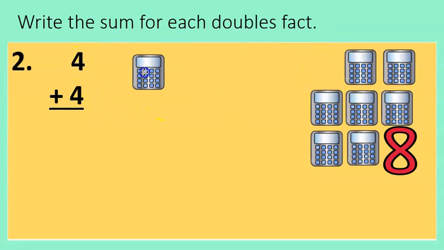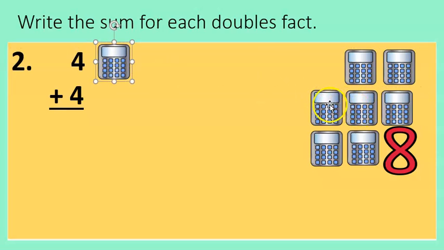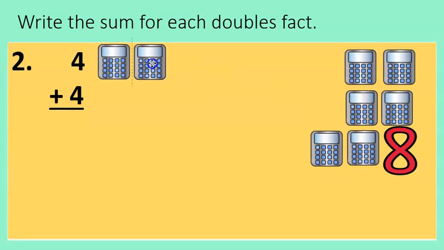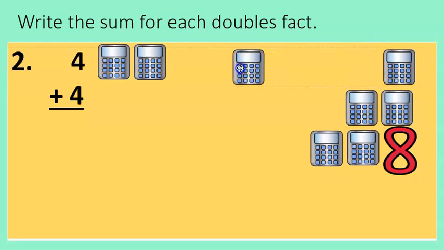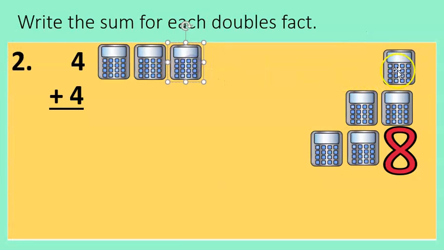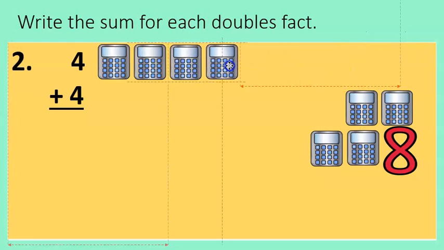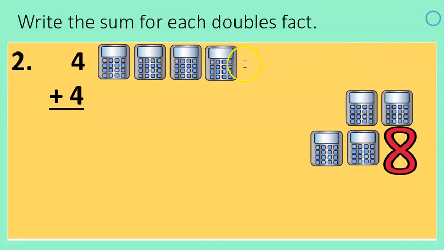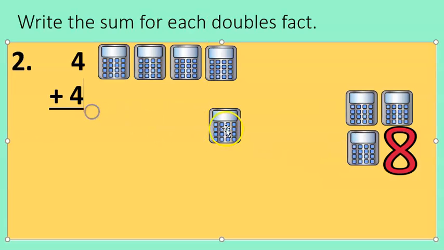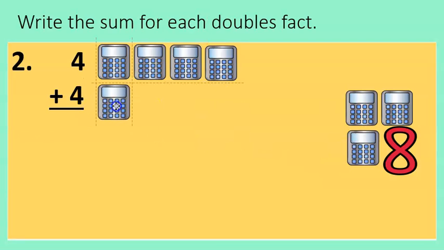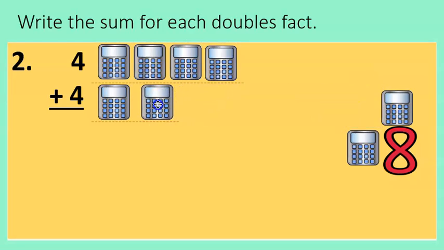So Mr. Begay is going to get 4 of these calculators, and I'm going to put them here because we need 4 of them. Now there we go. We have 4 calculators that are lined up to represent that 4. This bottom number is also 4. So therefore we need 4 more calculators at the bottom. So let's insert them here.